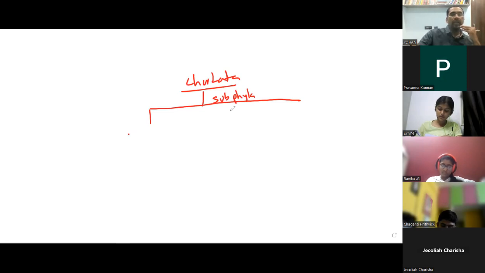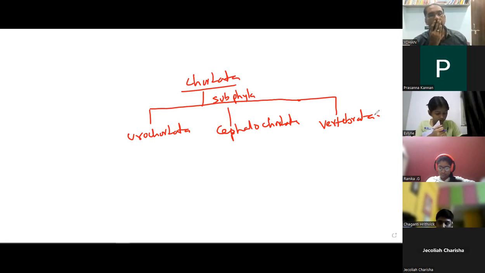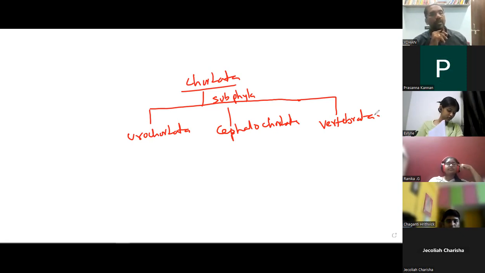Urochordata, cephalochordata, and vertebrata. Three subphyla.